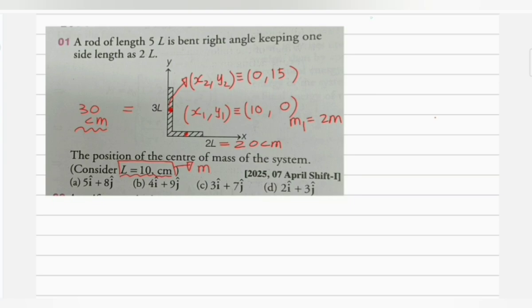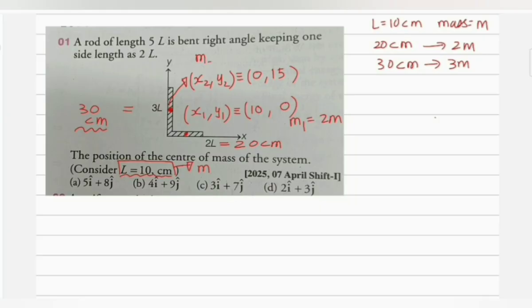Mass per unit length remains the same. So for length L, the value is 10 centimeter. Mass I am considering as m. So for length 20 centimeter it should be doubled, right? It should be 2m. And same way for this 30 centimeter length it should be tripled of m, that is 3m, sir. So m1 हो गया 2m, right?